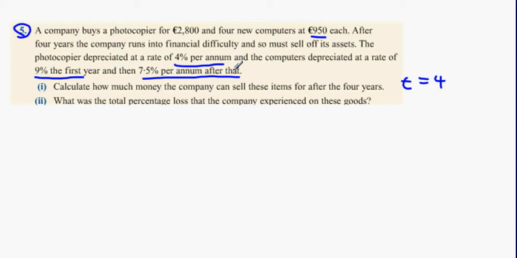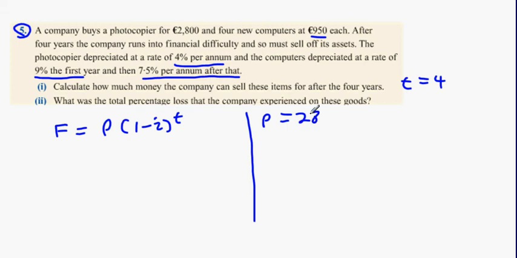Well, we'll start off with the photocopier. The photocopier was 2,800, so we're going to use the formula F equals P times (1 minus i) to the power of t. For this one, P equals 2,800, t equals 4 because it doesn't change halfway through, i equals 0.04.